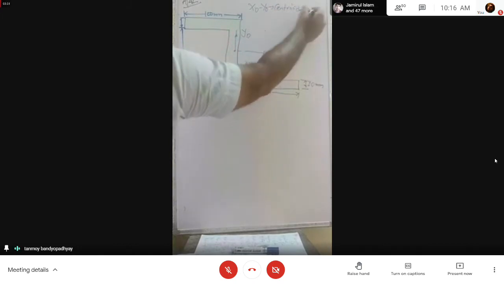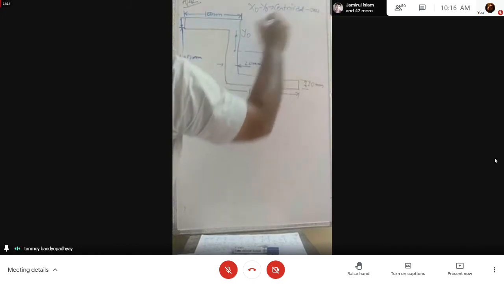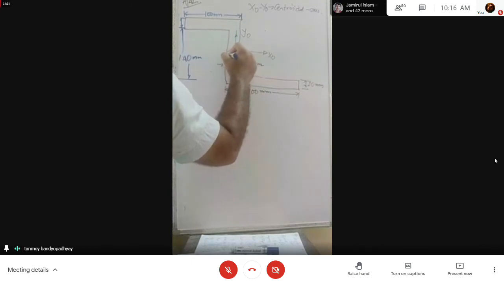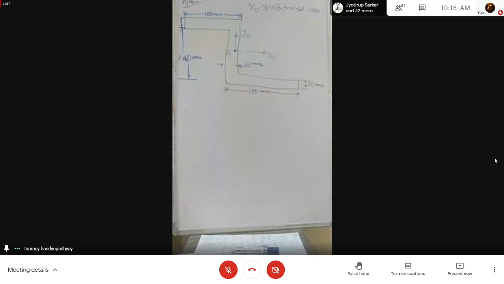They are centroidal axes, they pass through the centroid G of the entire figure. So you just have to calculate Ix0 and Iy0.